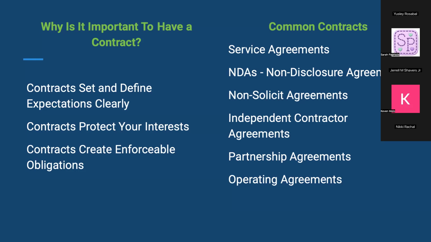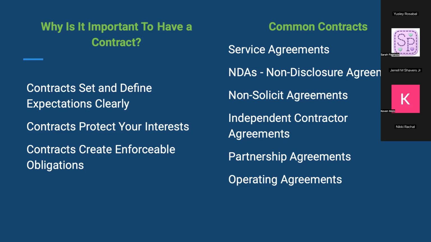They may have a certain way that they reach out to clients or handle different solicitation or transactions with others. So you may have an NDA for that, and that's just a non-disclosure agreement. A non-disclosure agreement means I'm going to share information with you as an employee about my business, or maybe even with a contractor.